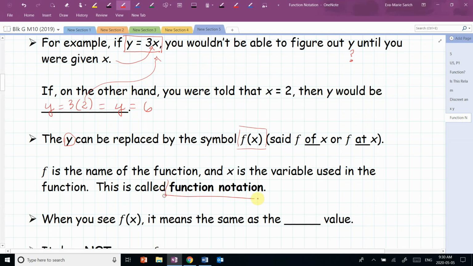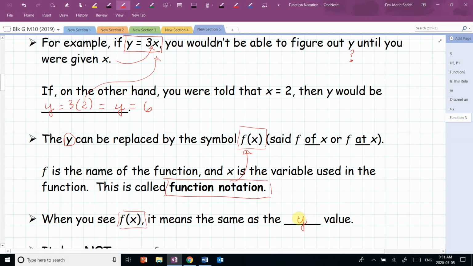So function notation is when we're talking about something like f of x. Okay, so when you see f of x, it means the same as the y value. We're just taking the y and we're replacing it with the f of x.